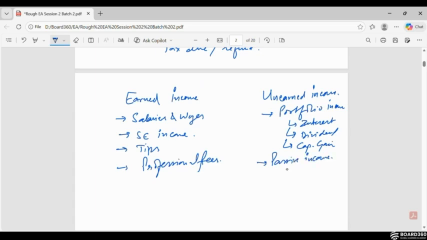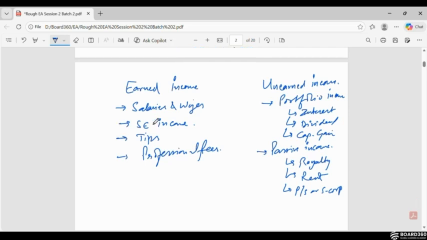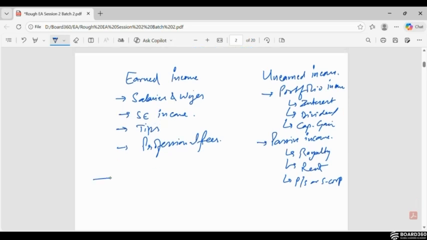Passive income is like royalty, rent, or any income from a partnership firm or S corporation, which we call pass-through entity income, where you are not actively participating.